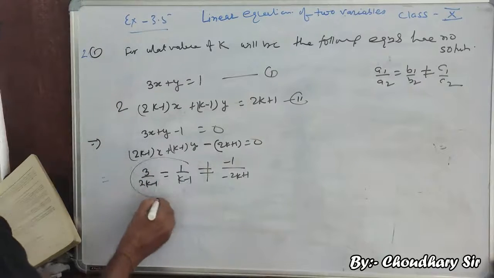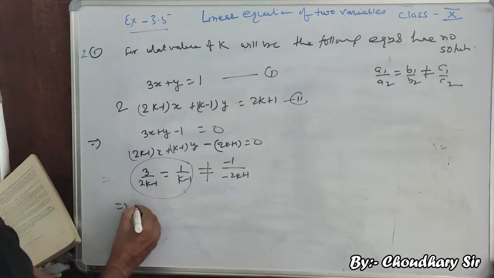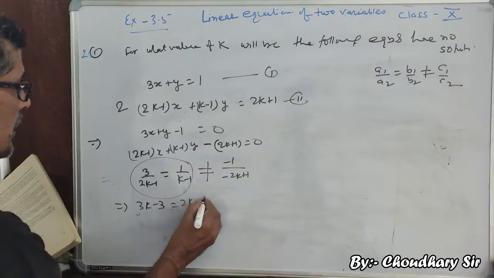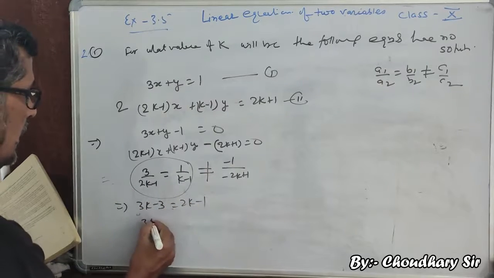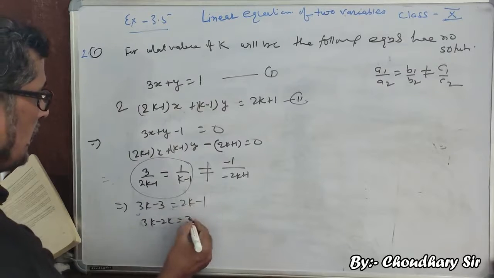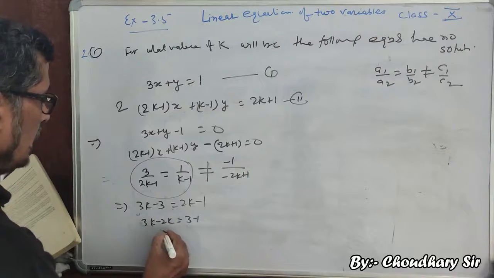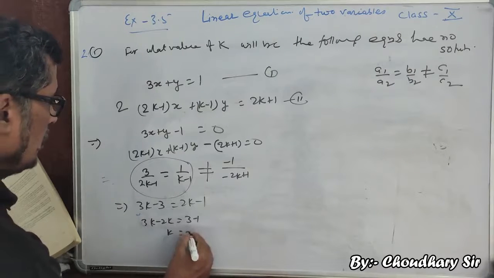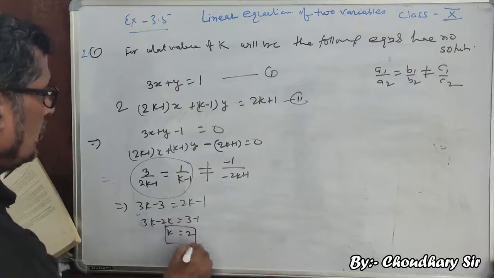From the first equality, what do we get? 3k minus 3 is equal to 2k minus 1. So 3k minus 2k is equal to 3 minus 1, so k is 2.